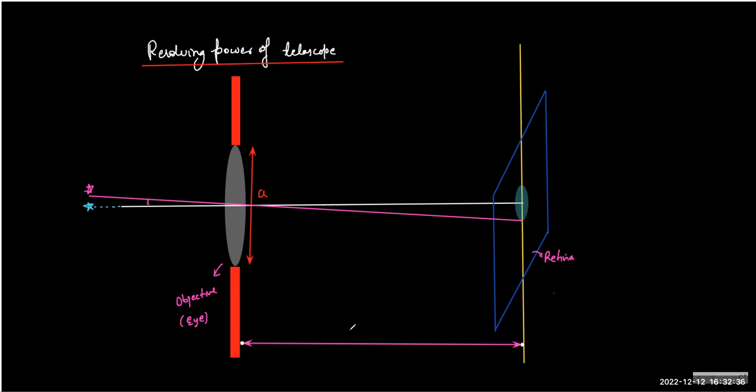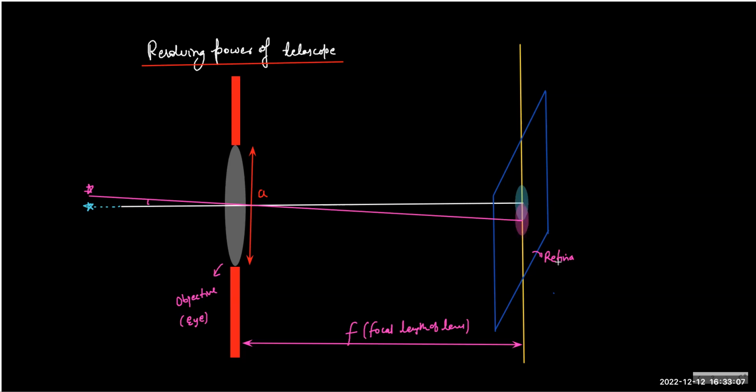And this f represents the focal length of the lens. Now you may be asking why, because the beam will get focused at best in the focal plane, right? Yes, sir. Okay. Now the other star will create its own diffraction pattern, something like this.